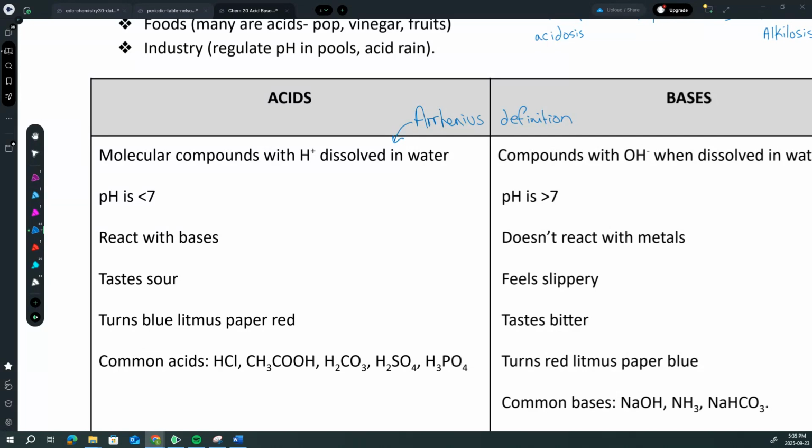Acids are also going to turn blue litmus paper red. And some common acids are going to be hydrochloric acid, acetic acid, carbonic acid, sulfuric acid, and then phosphoric acid.